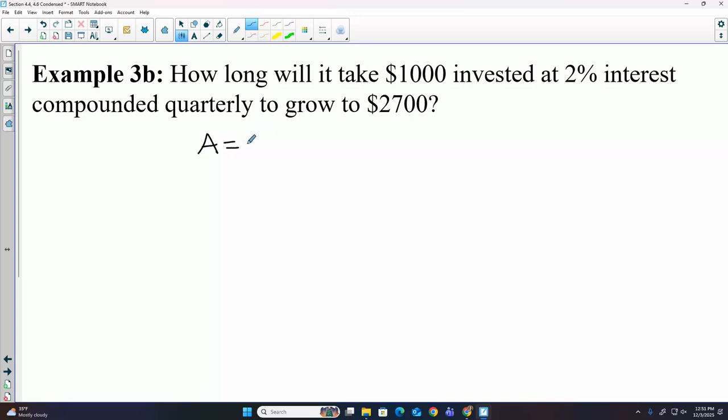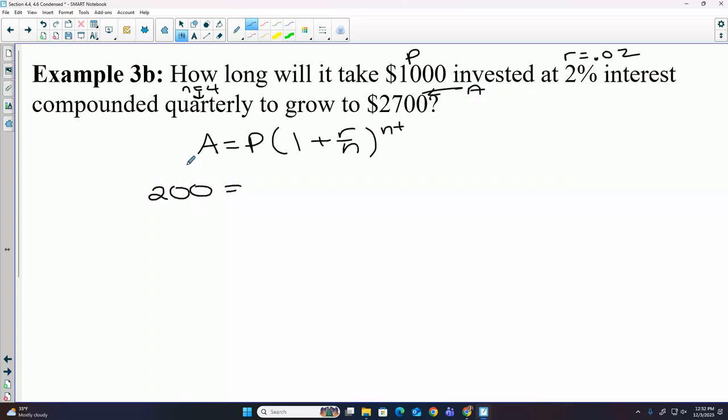So we are using the regular compound formula. What does the 1,000 represent? P. The 2% means r is 0.02. Compounded quarterly, what's that telling me? 4 times a year. And the 2,700 is my A, 2,700.